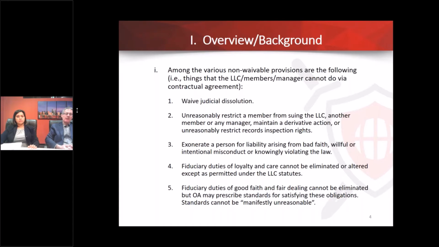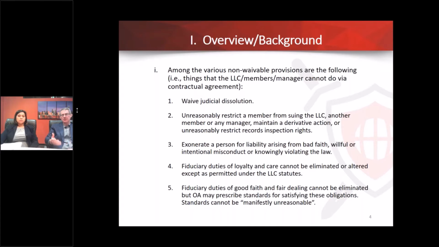The problem is that there's always a push and a pull with these statutes. The Uniform LLC statute is very favorable in many ways to the rights of the LLC as opposed to the rights of a member, for instance. So why would we create mandatory rules in the statute that you can't contract out of in an operating agreement?